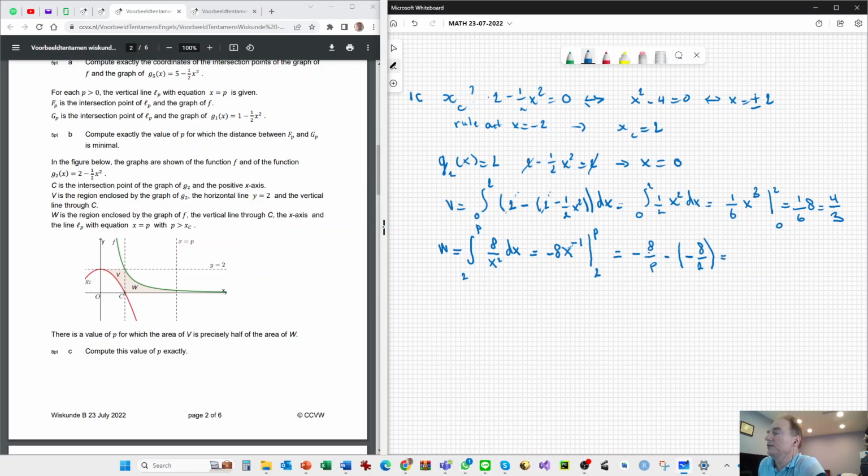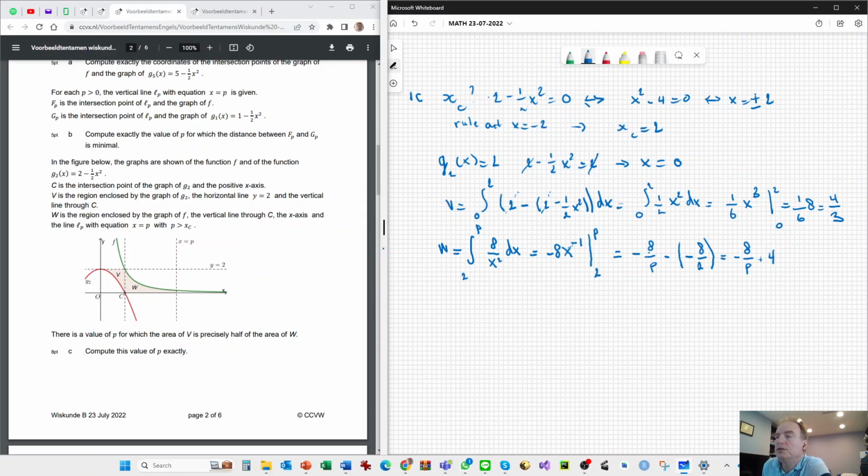Let's get rid of the parentheses first. It's minus 8 over p plus 4. Okay. And you can kind of see it makes sense. Let's say I substitute p equal to 2. Then this integral becomes 0, because the upper bound is the lower bound, so the integral is 0.